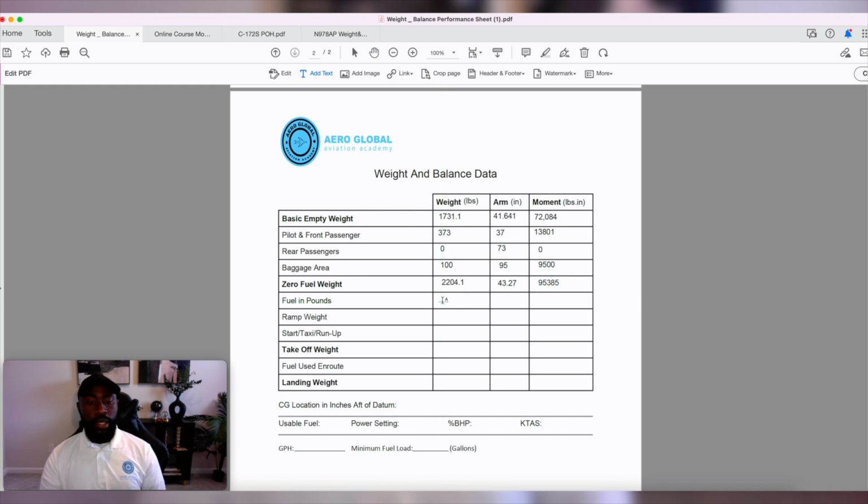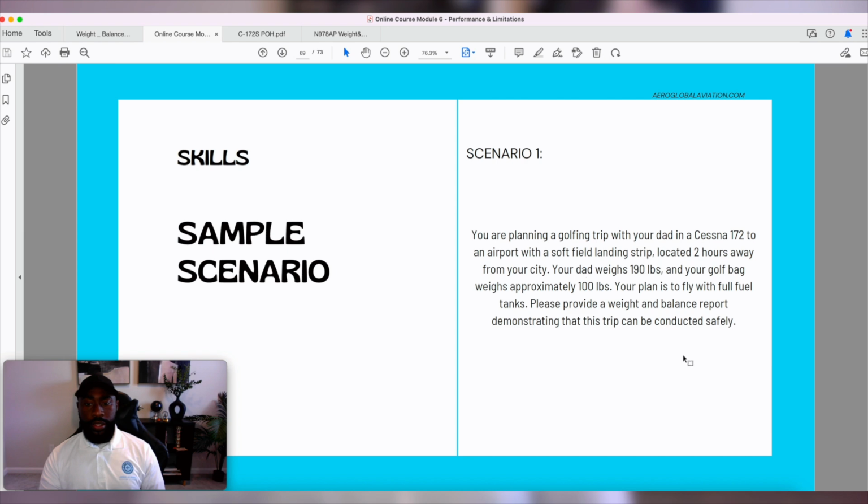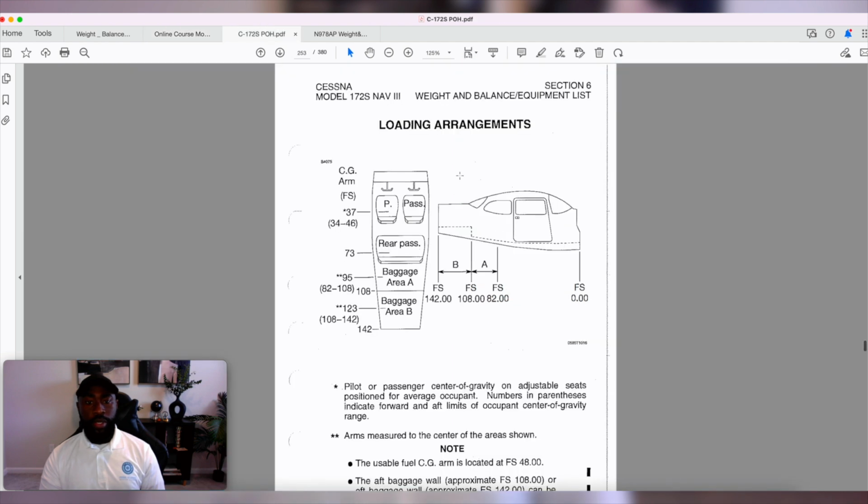So the fuel is basically, if we come back here to the scenario, it says your plan is to fly with full fuel tanks, right? So if we come back to the pilot's operating handbook and take a look at the specifications, let's try to determine what full tanks is in our aircraft.